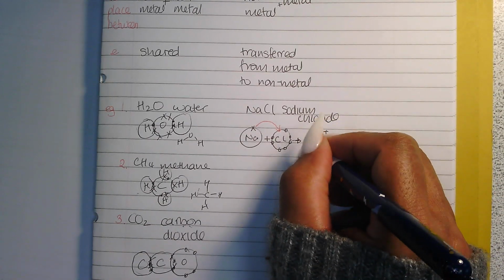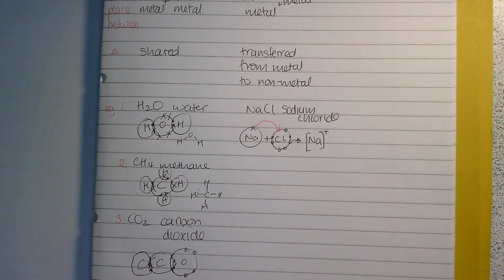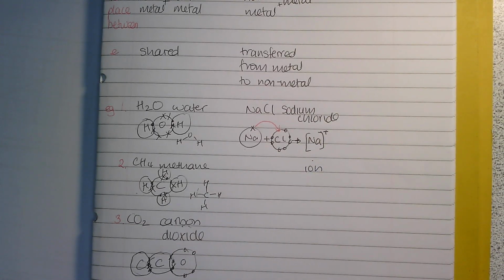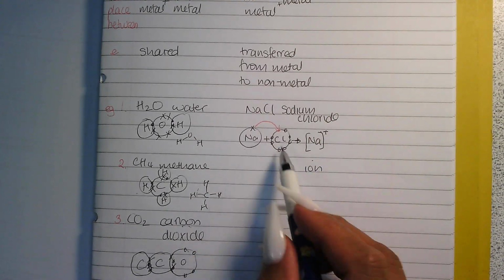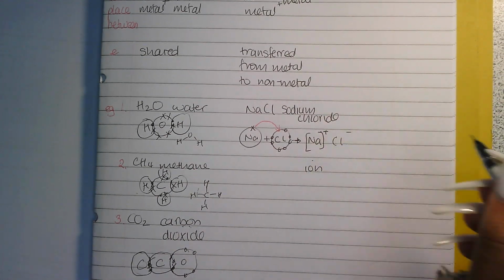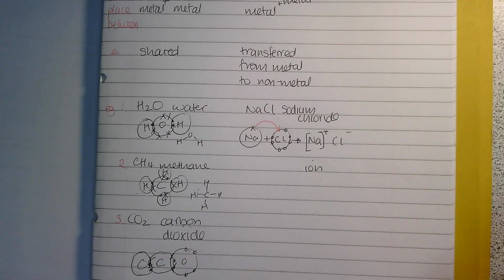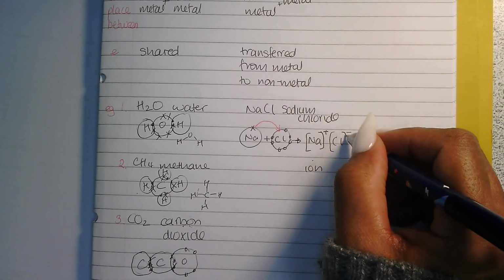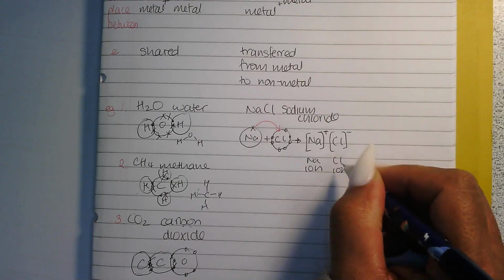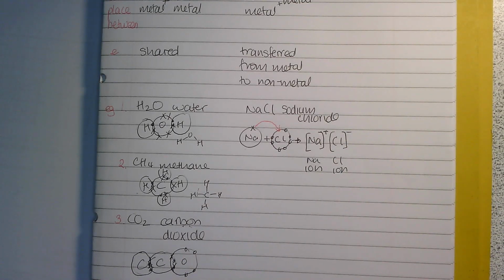And we will put the sodium in square brackets to show that it is a sodium ion with a charge. The chlorine, the non-metal, has gained 1 electron. The chlorine has a minus charge. It is now an ion. We'll put square brackets to show that here.